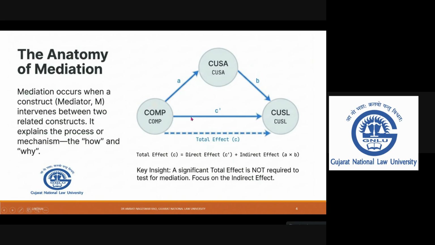Let's take, for example, from the previous class, teacher qualities and school performance, as we already worked with the data. Teacher qualities have a direct impact on the school performance. If that is the case, then this is called the direct effect. As a teacher, if I directly influence the school performance, this is called the direct effect.